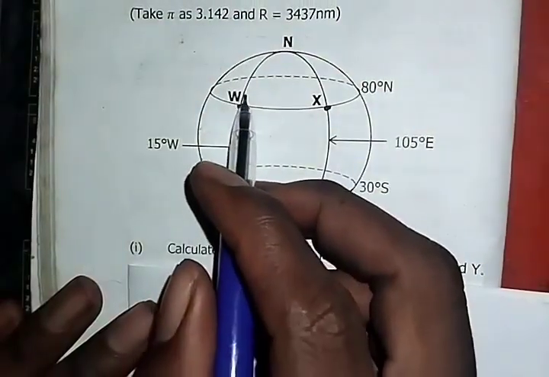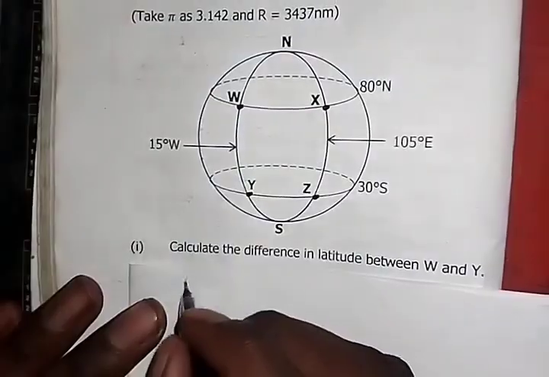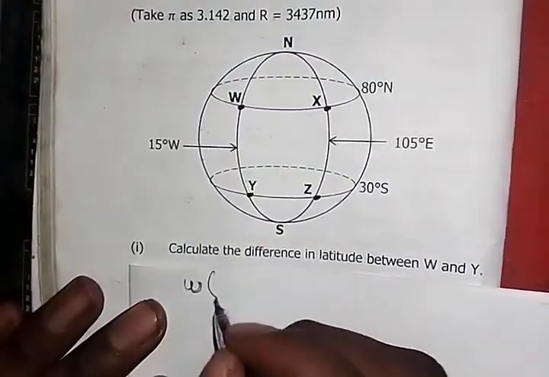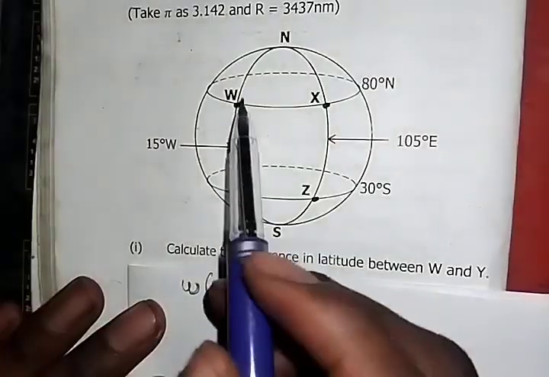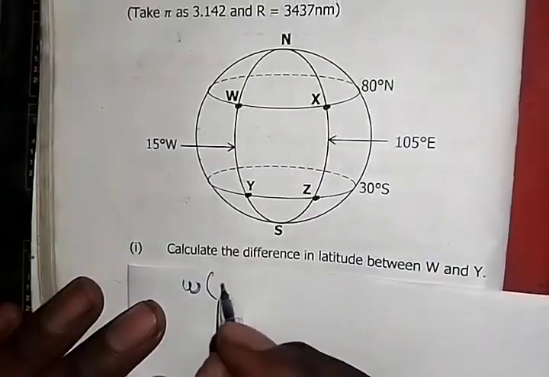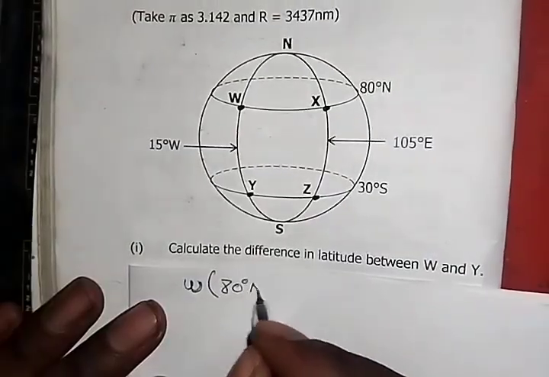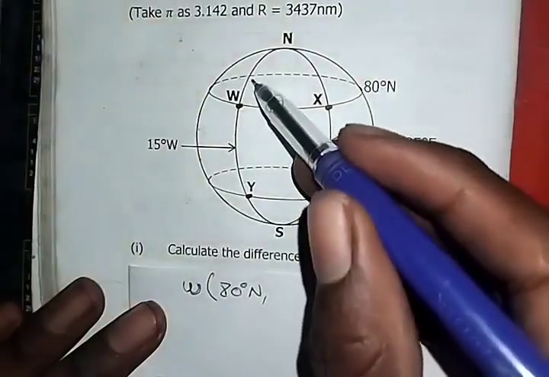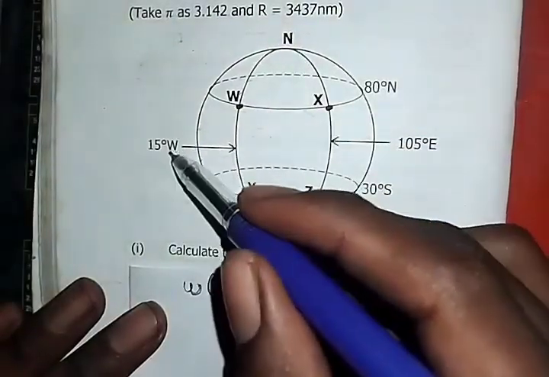So if we write the coordinates of W, W has the latitude of 80 degree north, comma, the longitude of 15 degree west.